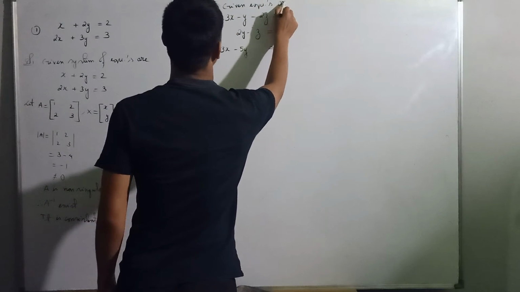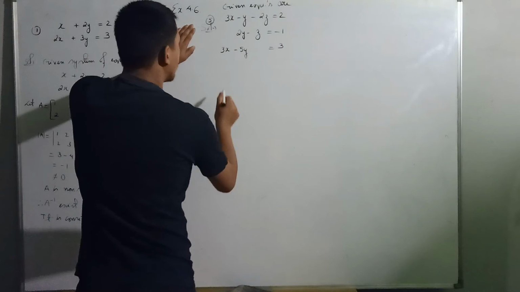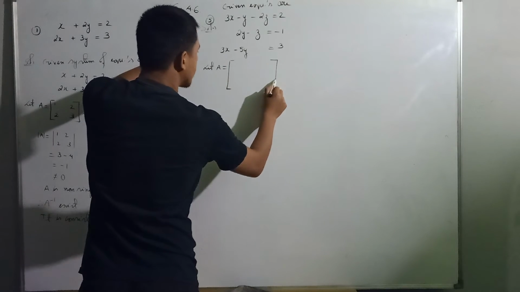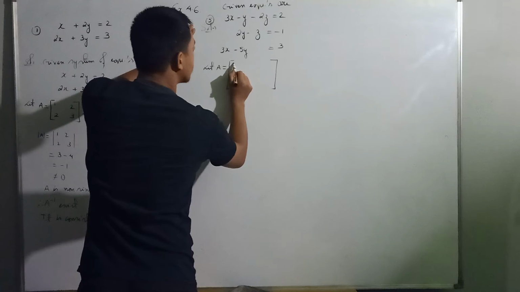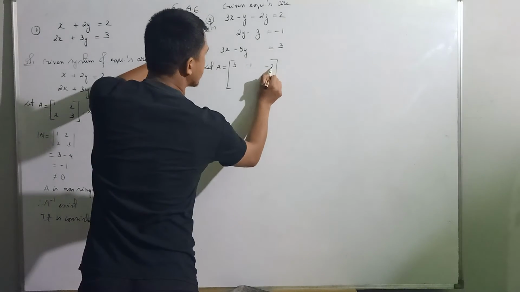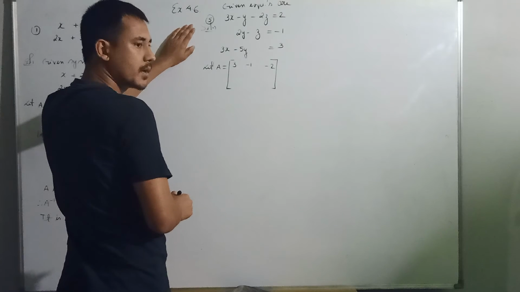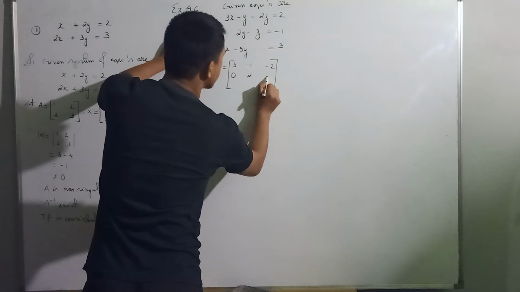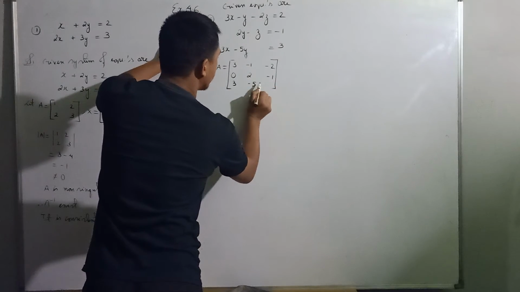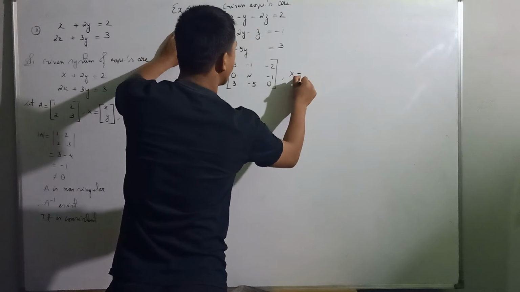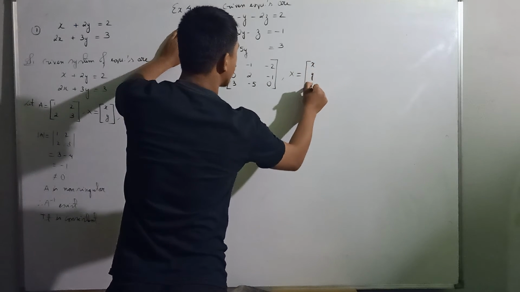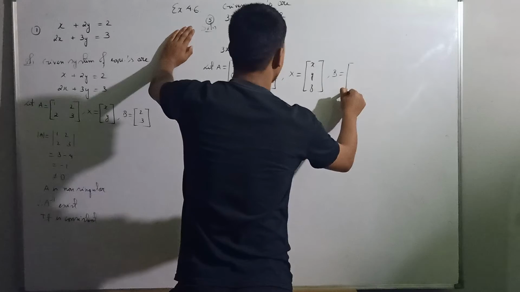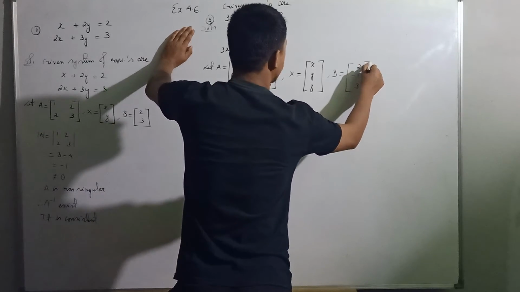So let A be the matrix containing the coefficients of x, y, and z from the above equations: 3, minus 1, minus 2. In the second equation there is no term containing x, so its coefficient will be 0: 0, 2, minus 1, and then 3, minus 5, 0. Let X be the column matrix containing the variables x, y, z, and let B be another column matrix containing the constant terms from the given equations.